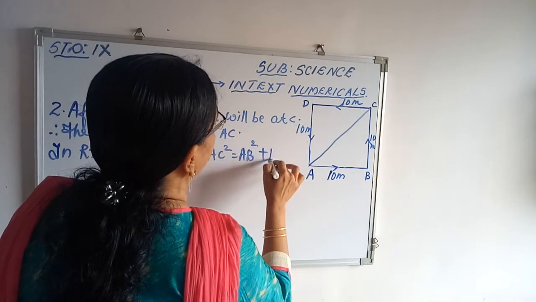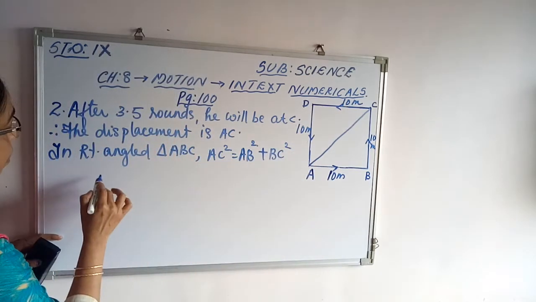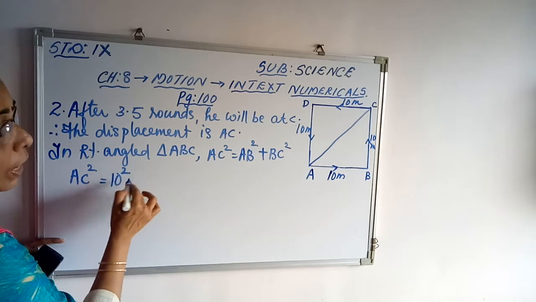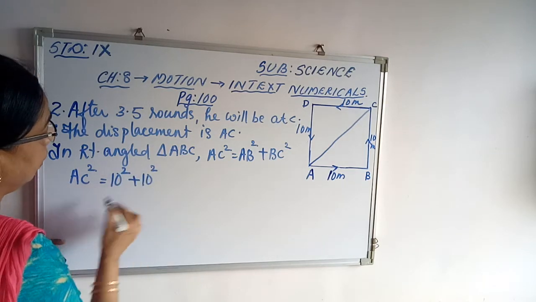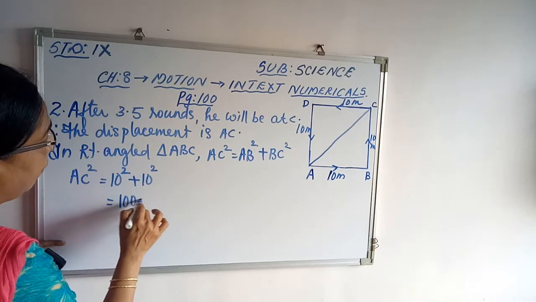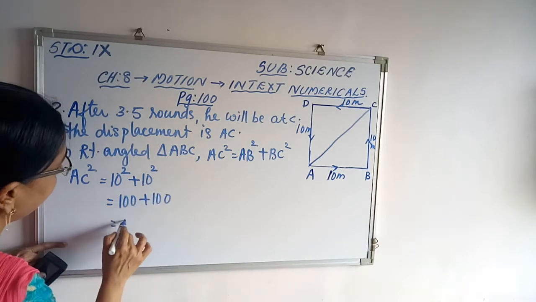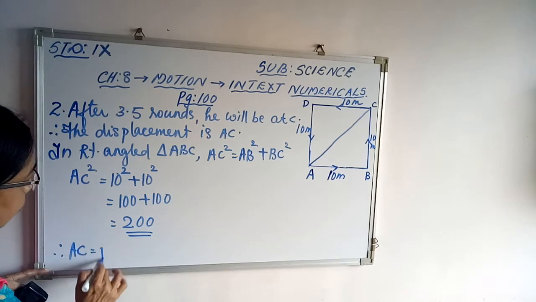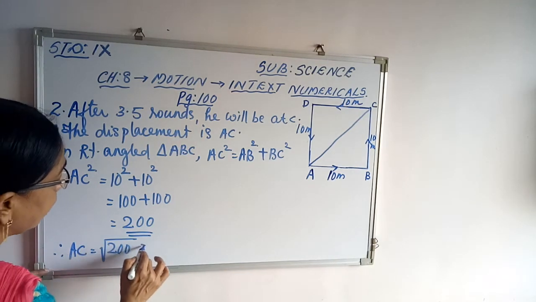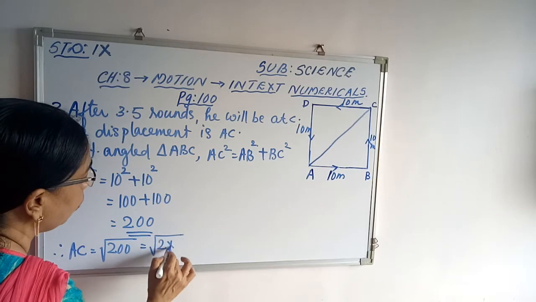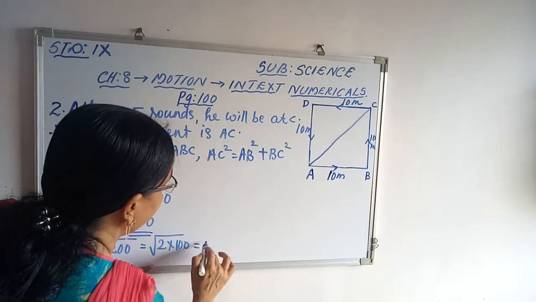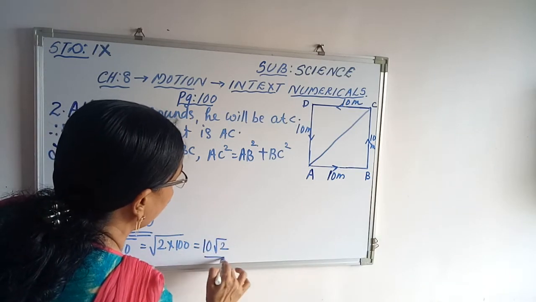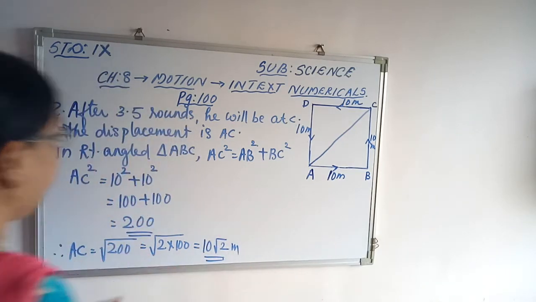Substitute the values: AC square is equal to 10 square plus 10 square, that's 100 plus 100, which gives 200, isn't it? Therefore, AC is equal to square root of 200, which can be written as square root of 2 into 100. Square root of 100 is 10, so 10 root 2 meter.